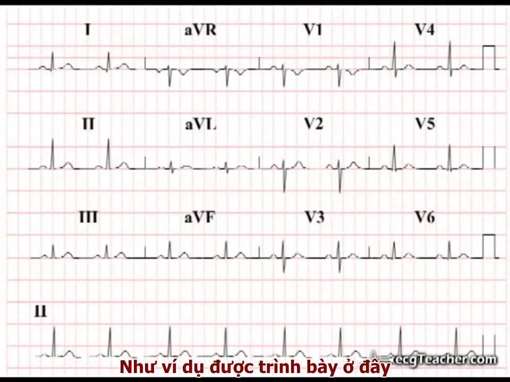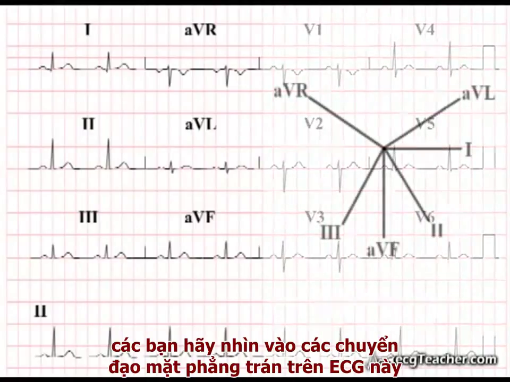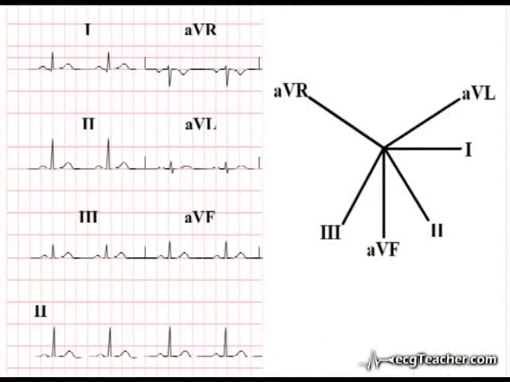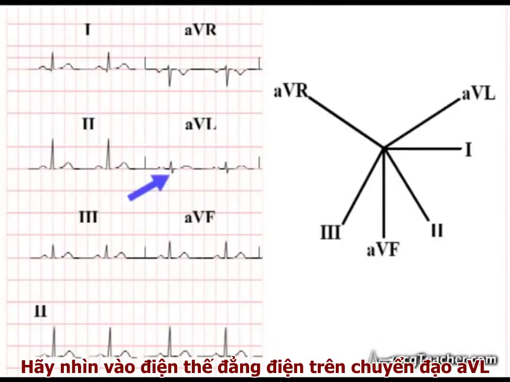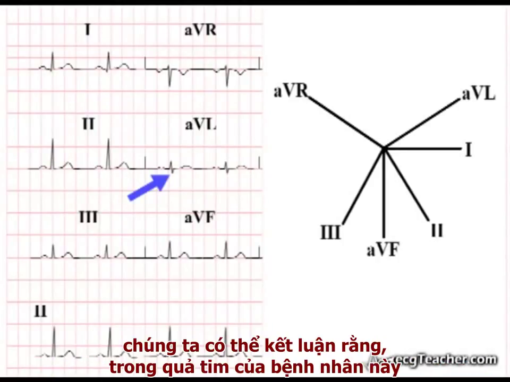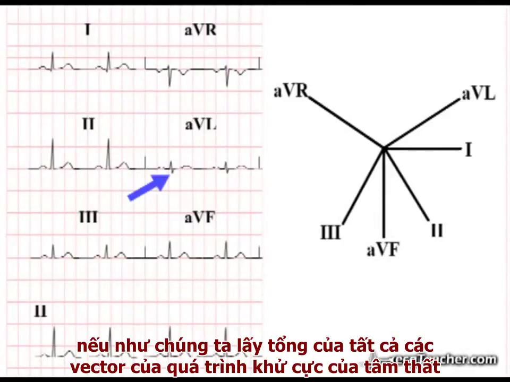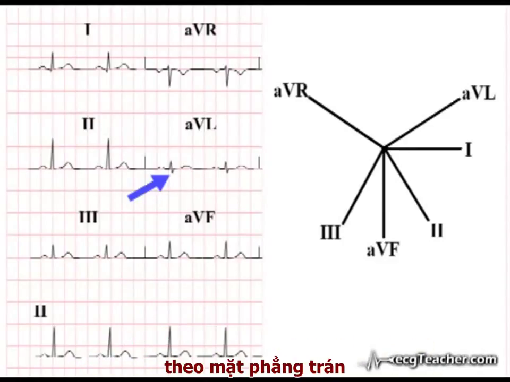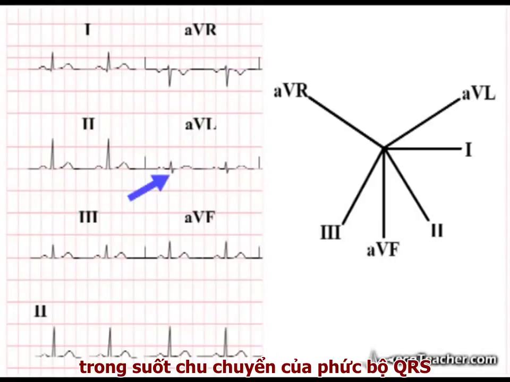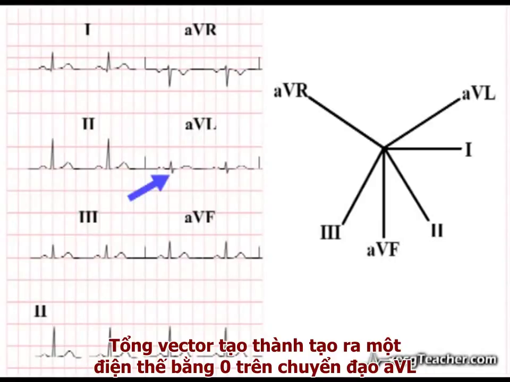As an example of this sort of analysis, look at the frontal leads on this ECG. Observing an isoelectric QRS complex in lead AVL, we can conclude that in this patient's heart, if we add together all of the ventricular depolarization vectors occurring in the frontal plane throughout the duration of the QRS complex, the total vector generated has no net magnitude in the direction of lead AVL.